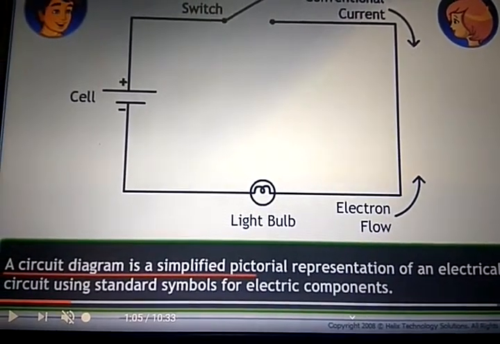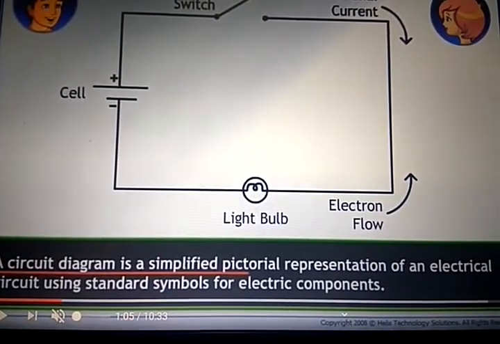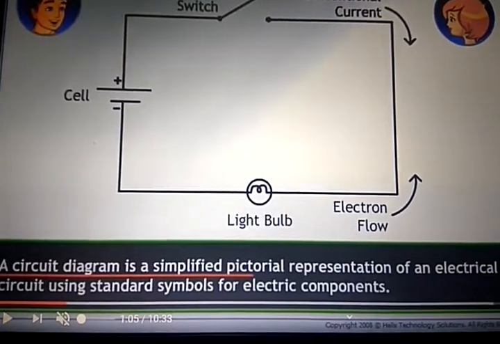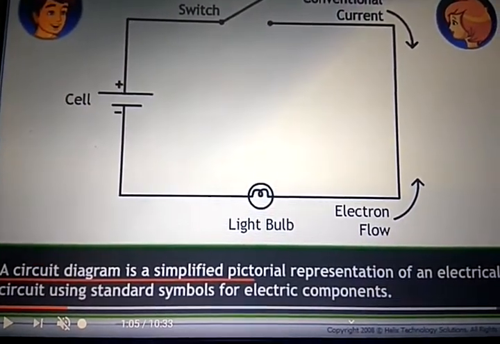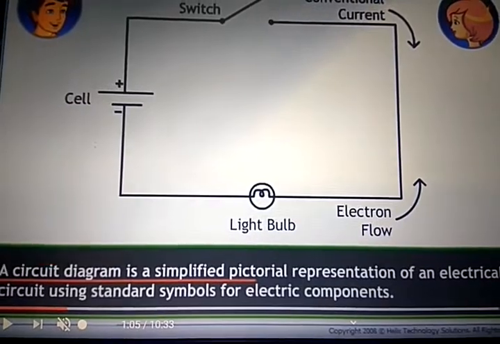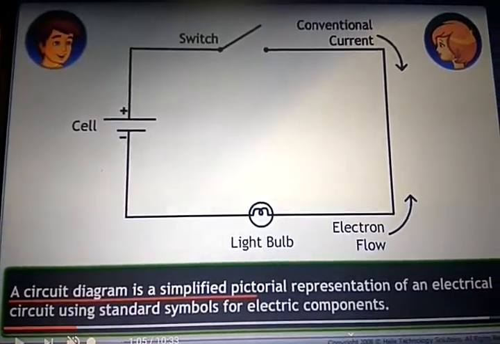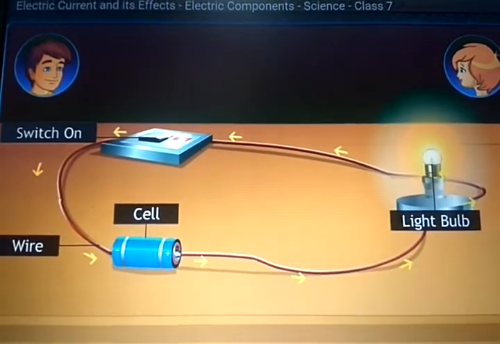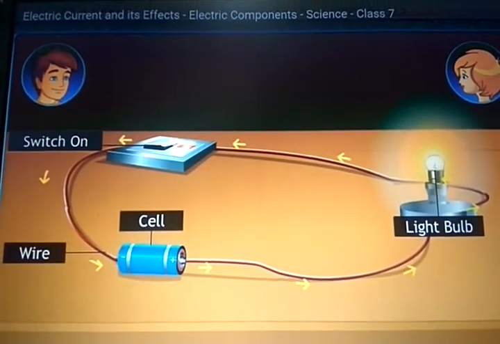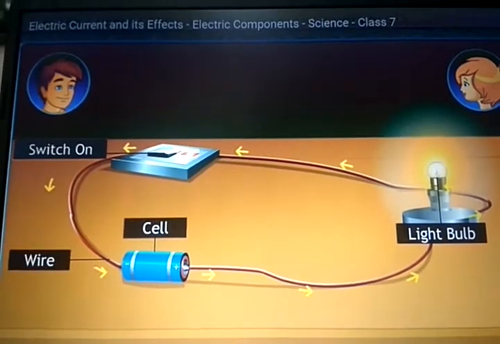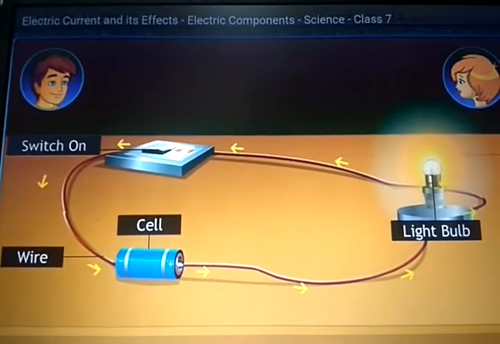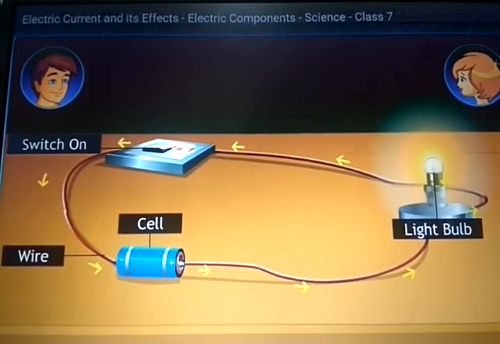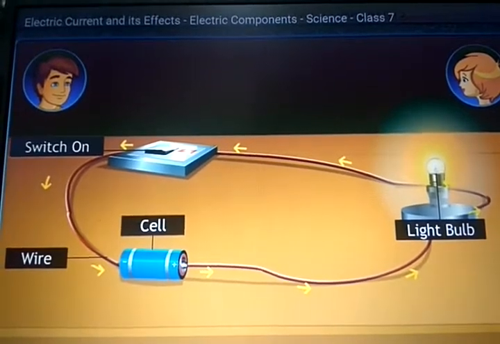Now, a circuit diagram is a simplified pictorial representation of an electrical circuit using standard symbols for electric components. You can see here that the connection is made: cell, wire, switch, electric bulb.